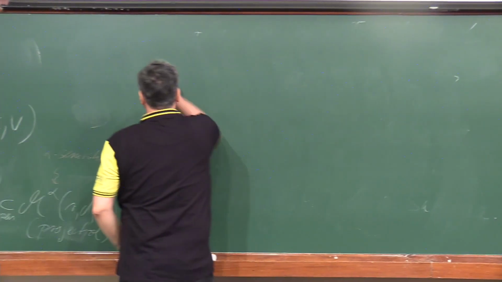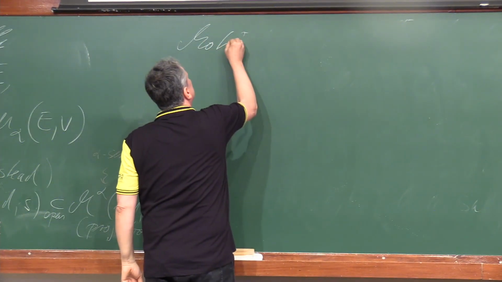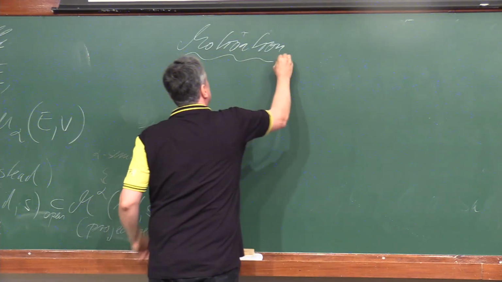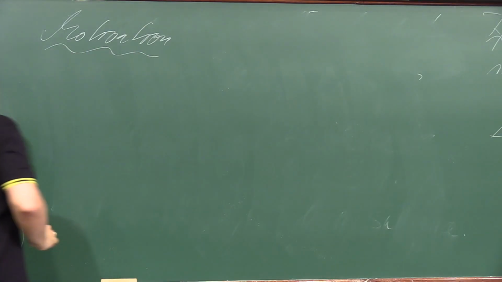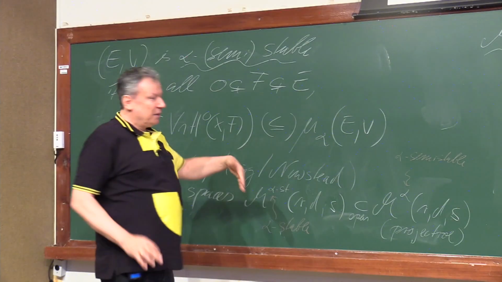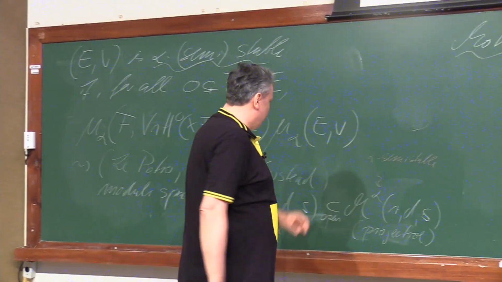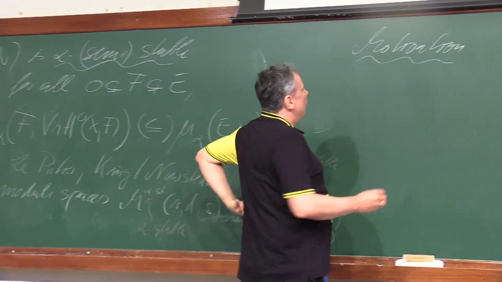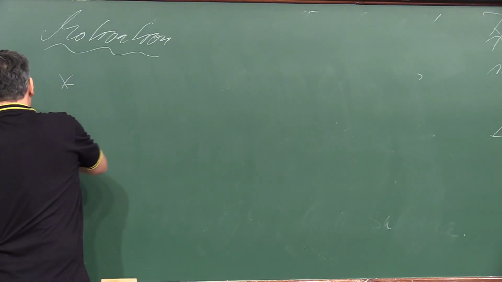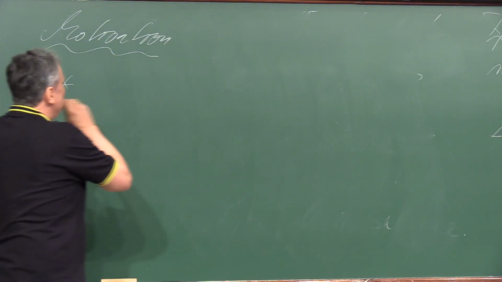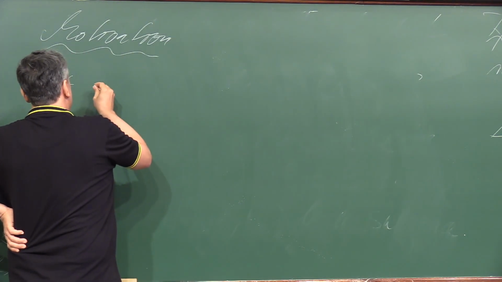So, as I pointed out, if you take S equal to 0, then you just get classical semi-stability for vector bundles, and you get the moduli space of semi-stable vector bundles, which is one of the most important and interesting moduli spaces in algebraic geometry.